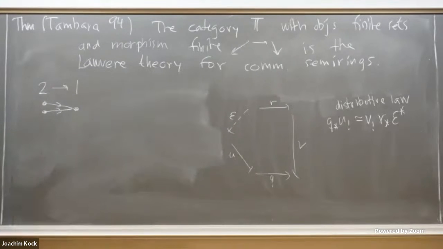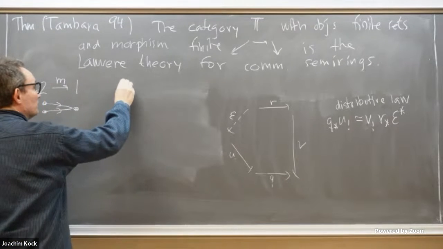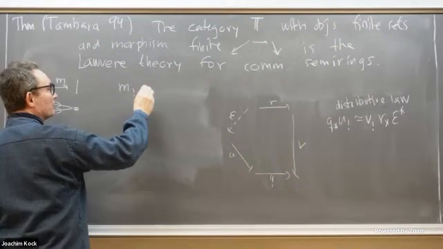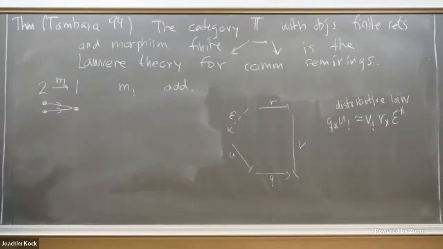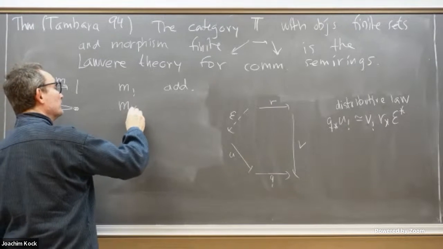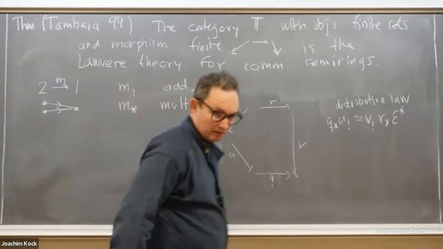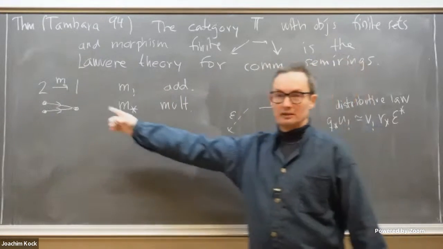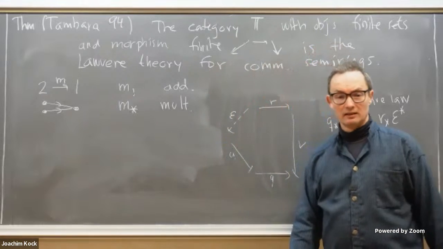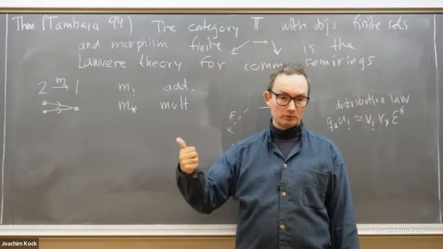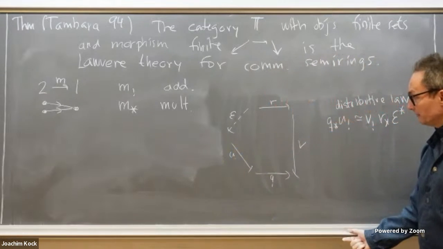Let's call it M. Then we can do M lower shriek, and that will be addition in our semiring. And we can do M lower star, and that will be multiplication in our semiring. You can imagine what all the higher arity operations are, and you can also guess what the neutral for addition and neutral for multiplication will be.